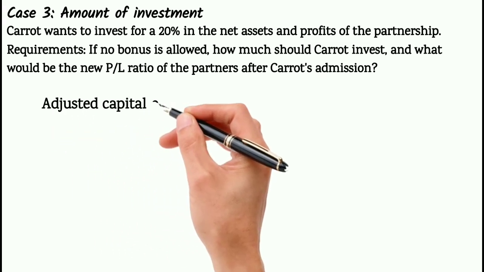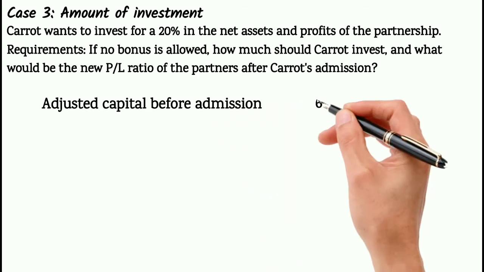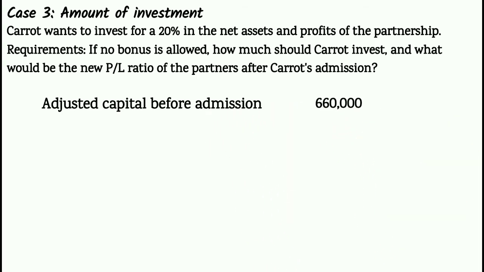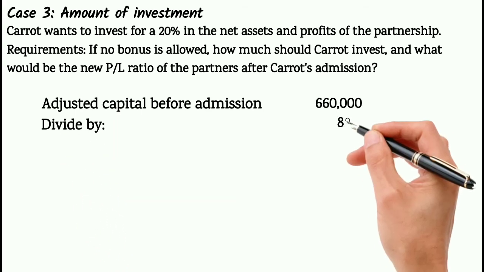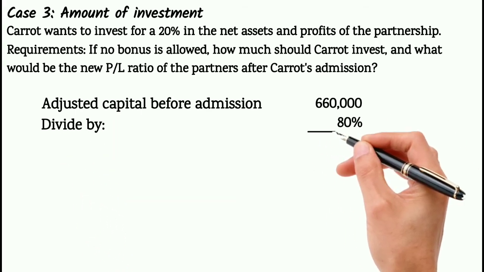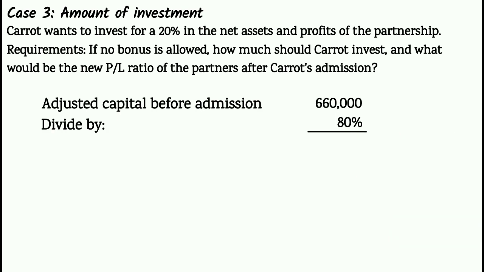The total adjusted capital before admission is 660,000 pesos. We divide that by 80%. 80% is 100% minus 20%, because Carrot needs a 20% interest.